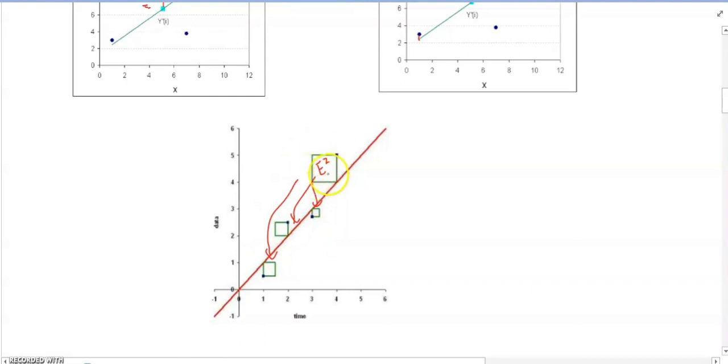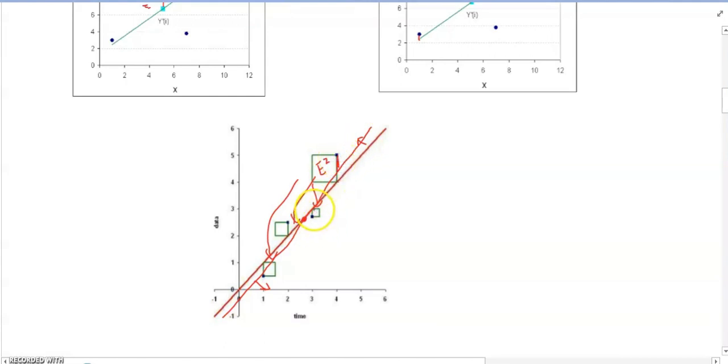So we add the sum of these squares and we make it so that this line is shifted in such a way that these squares become smaller and smaller. So you can picture, for instance, if we pivot this and move this up a little bit, you'll see that the line changes the amount of error. This error becomes smaller.